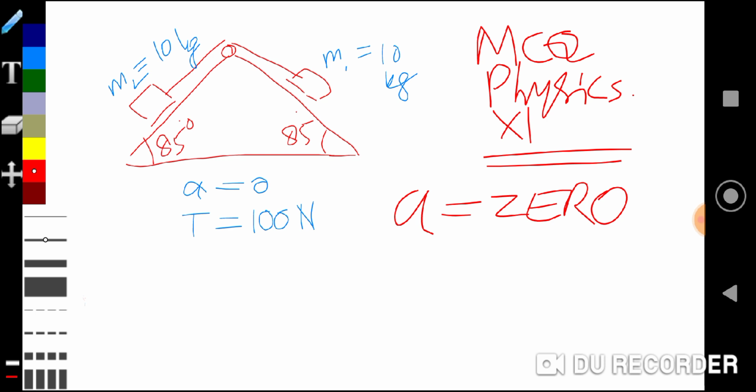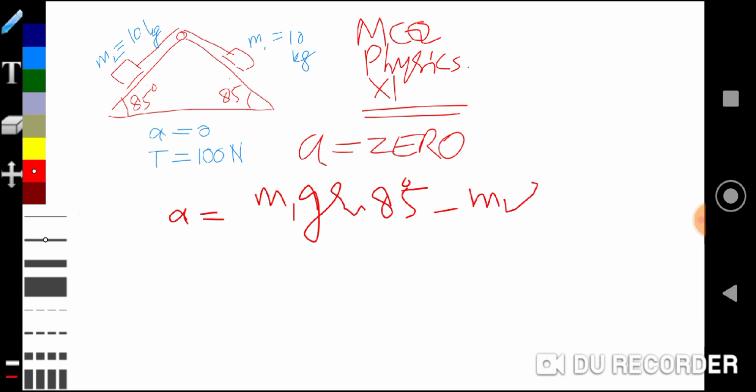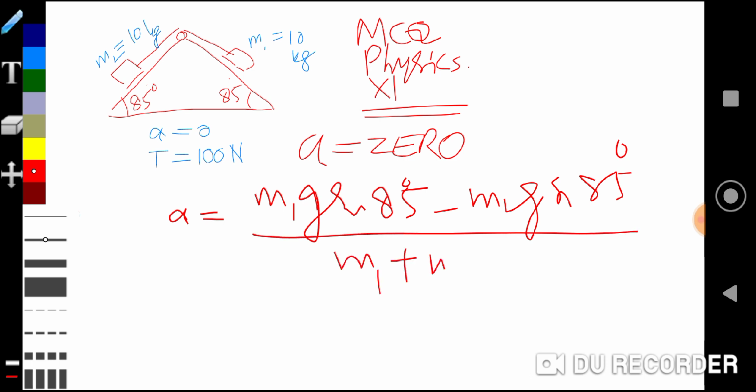For this case, when masses are equal and the angles are also equal, why will its acceleration be 0? Now this is what we have to understand, because the formula of acceleration, as we have already understood, is m1 g sine of 85 degree minus m2 g sine of 85 degree divided by the sum of masses.